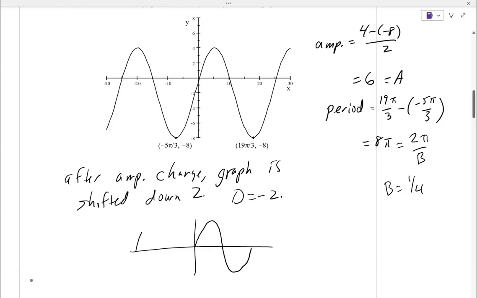And then there'd be another one over here. Let's focus on a bottom point. Let me focus on this one right here. Original sine graph, original y equals sine of x. What should be the coordinates of that low point be right there?